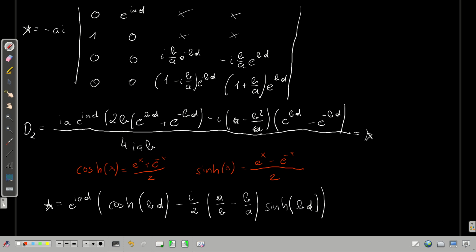Also with the help of still the following addition theorem. Namely, it is that cosh squared of x minus the sinh squared of x equals 1.